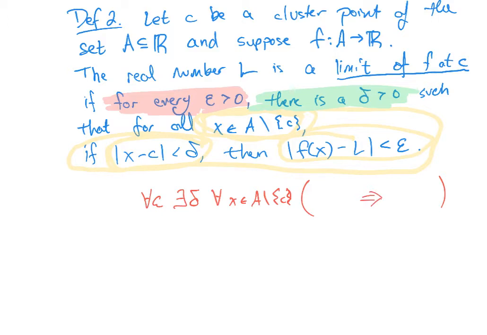So logically it's slightly complicated: for all, there exists, for all, implication. We actually already worked through the negation of this. There exists an epsilon such that no matter how you choose delta, there is always an x that satisfies the conditions such that the absolute value of f of x minus L is not less than epsilon.